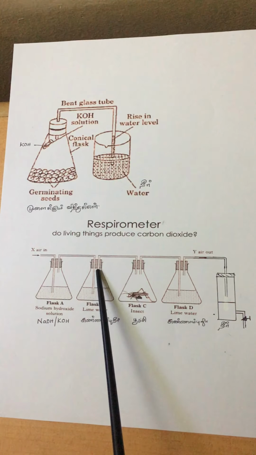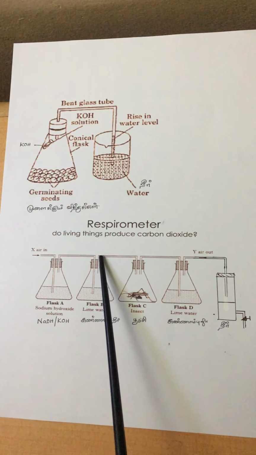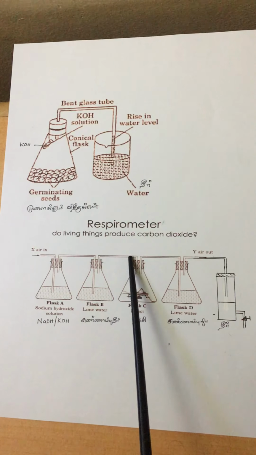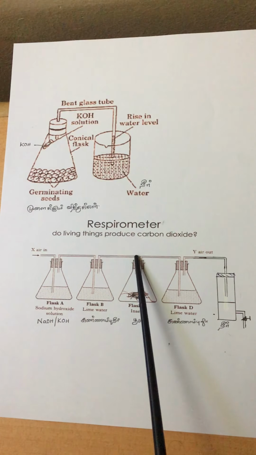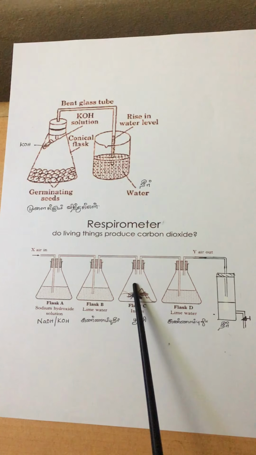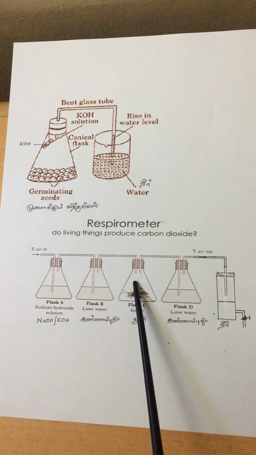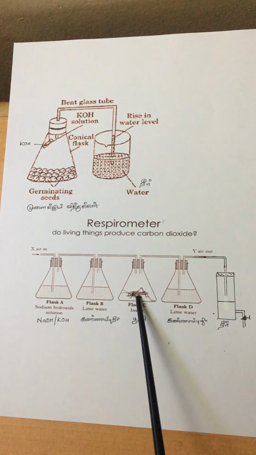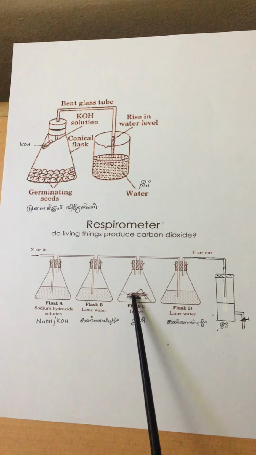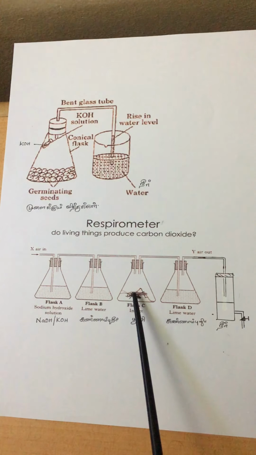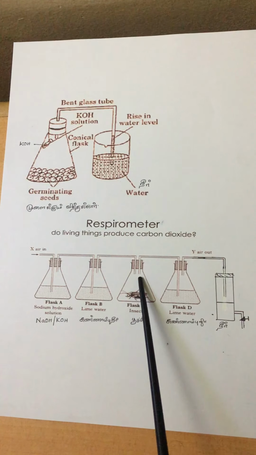The air released from flask B also has no CO2. So the air is going inside without CO2, but this air contains oxygen. That oxygen is inhaled by the insect, which releases carbon dioxide. Respiration occurs here, so it takes in oxygen and releases carbon dioxide.